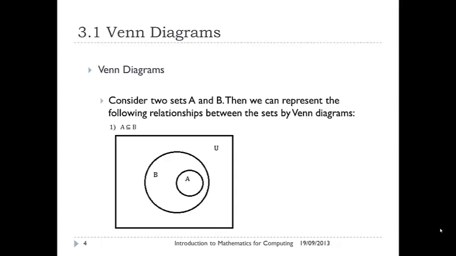We have two circles representing subsets of the universal set, and these two circles represent the sets B and A. The set A is contained within the set B completely. So in this case, the Venn diagram is representing the fact that A is a subset of B. Okay, so if one set, pictorially, is completely contained within the other set, we say that it is a subset relationship. That's what we want.